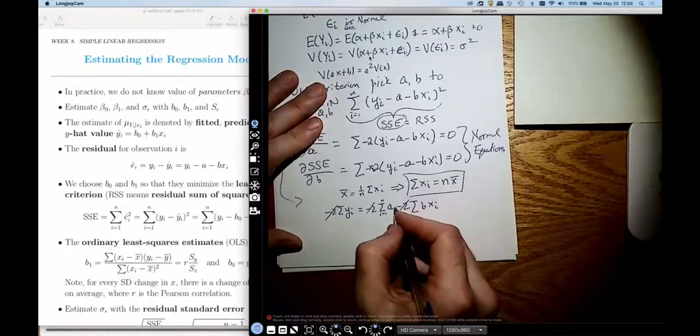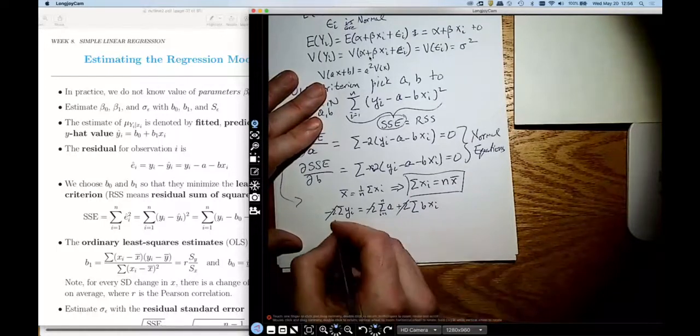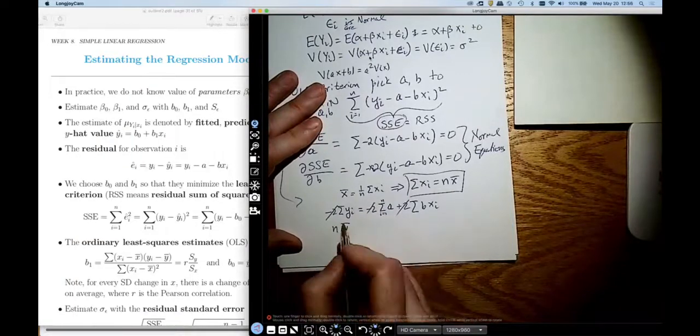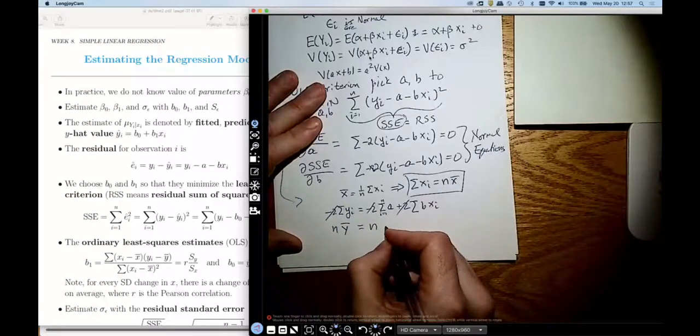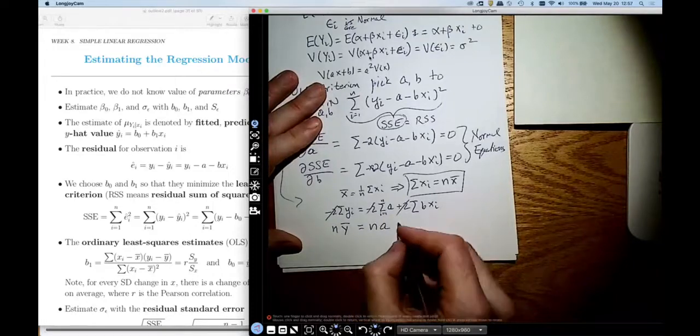So the -2 becomes a plus once I cross -2 out in all places. We can think of this as y bar, so n times y bar, using this result that I just gave us. And then we have n times a, as I have n copies of that a. And then what do I have here?